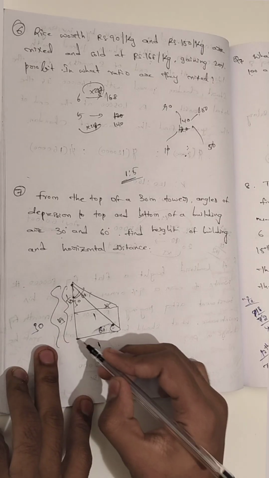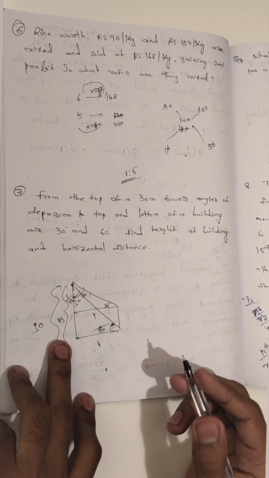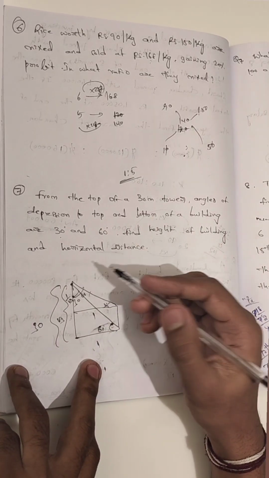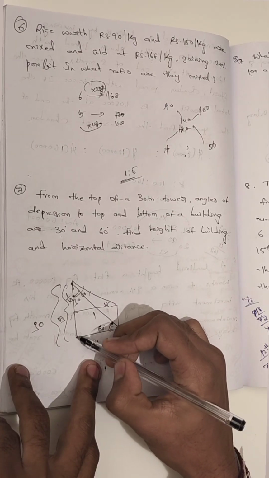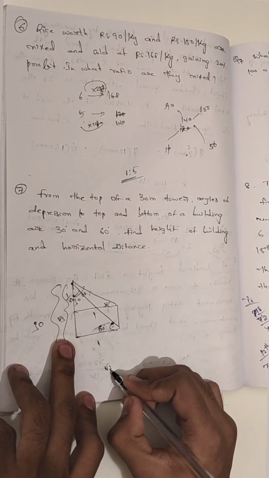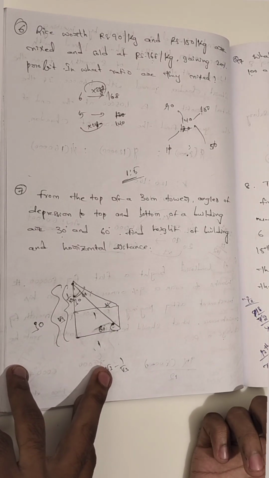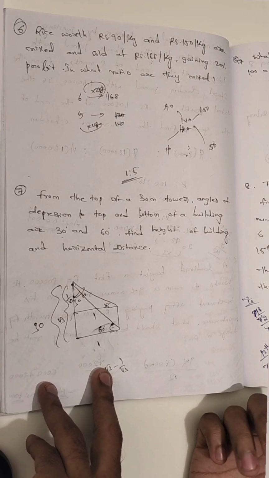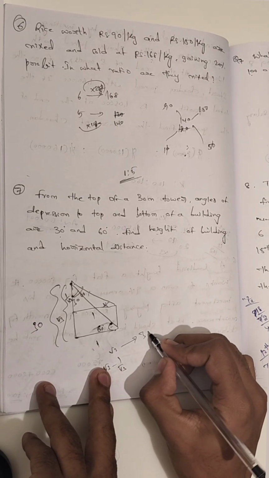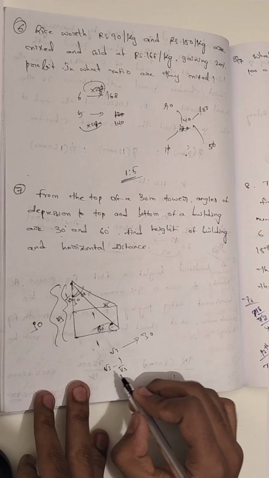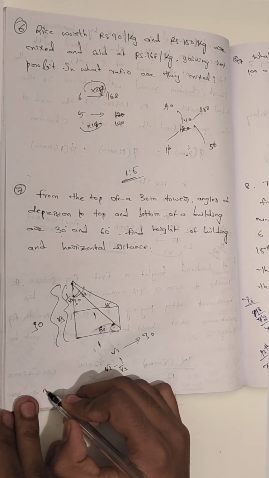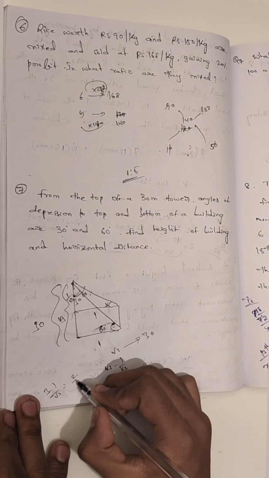1 becomes, okay, the height of the building. This is the height of the building actually. Root 3 minus 1 by root 3 we have to find out, and they have given root 3 becomes 30. It becomes what? 3 minus 1 by root 3 means 2 by root 3.